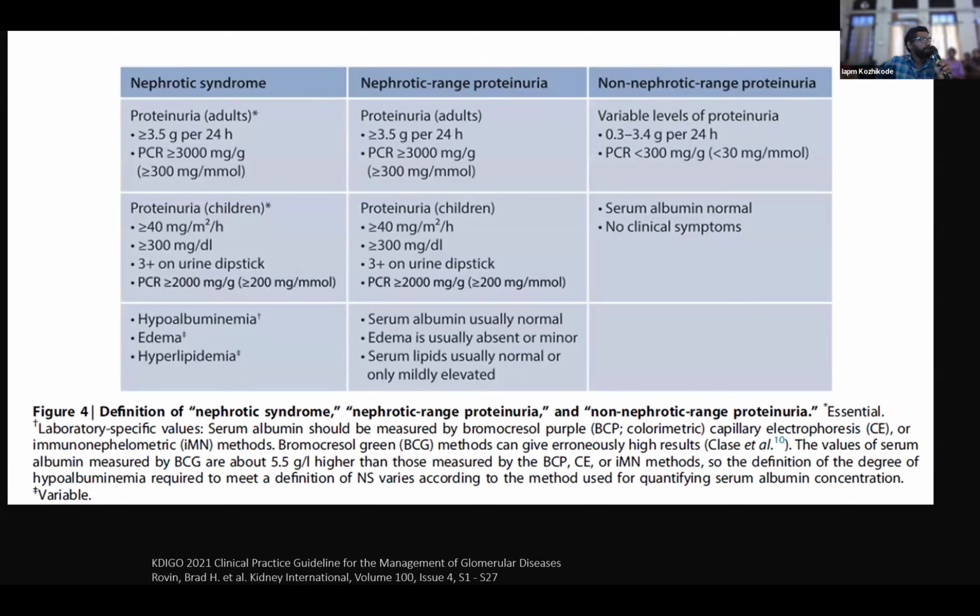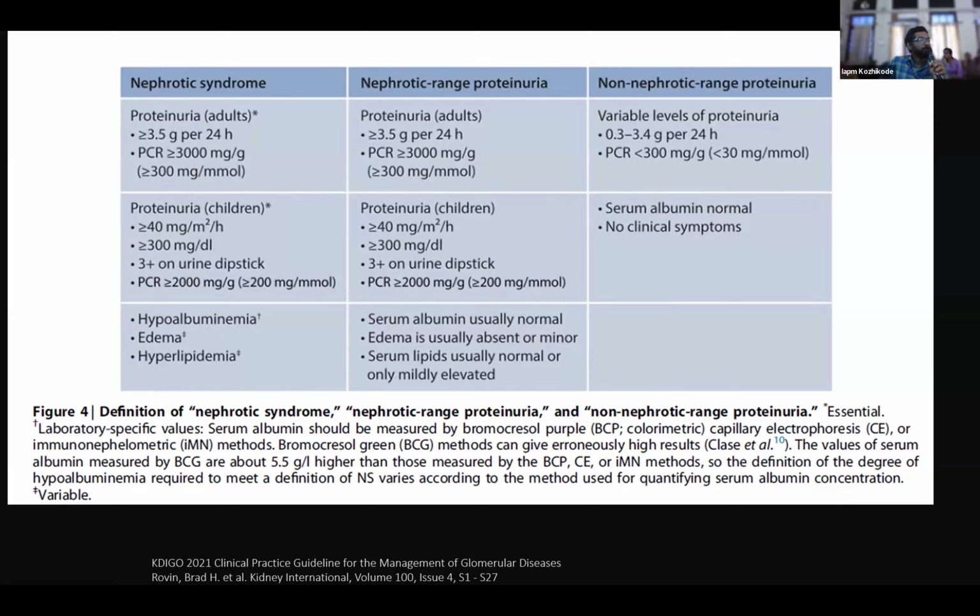If you are having proteinuria of more than 3.5 gram per day in an adult, or the other thing is the protein creatinine ratio, which almost runs parallel to the 24-hour proteinuria. Usually the UPCR is taken from the early morning sample, but you can take it random also.